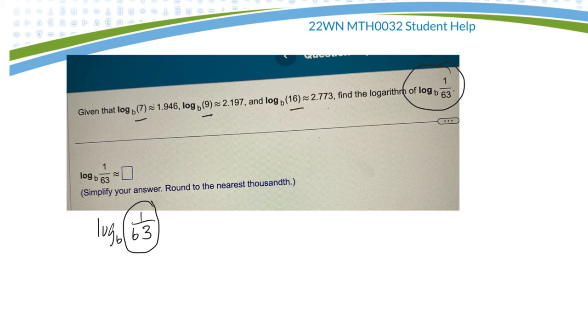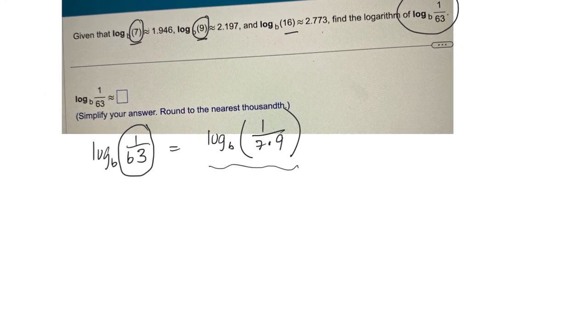When I look at 63, I know that that's 7 times 9. So I could write this as log base b of 1 over 7 times 9. Okay, now let's use the product or difference laws to figure that out.